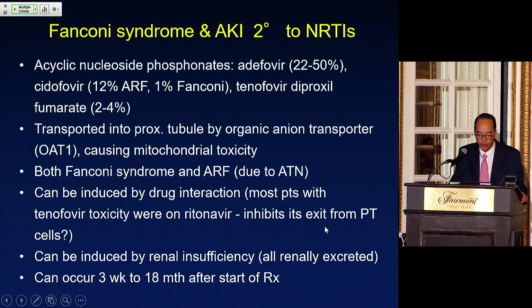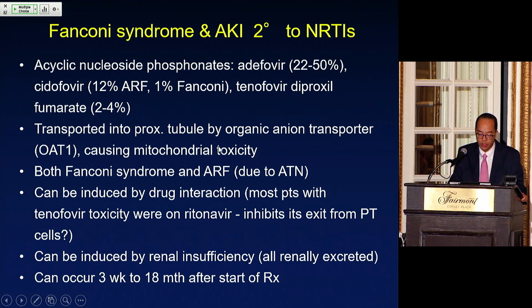And this is just to remind us of the effect of adefovir, cidofovir, and TDF, tenofovir disoproxil fumarate. I don't know what the incidence of this is with the newer version of tenofovir that doesn't get transported in the proximal tubule. But these older versions are all transported by the organic anion transporter OAT1, and so they get in the proximal tubule.